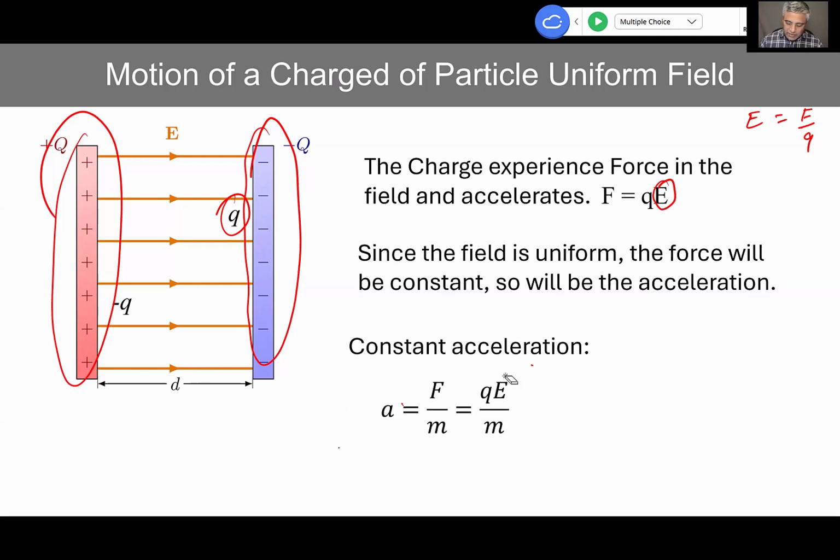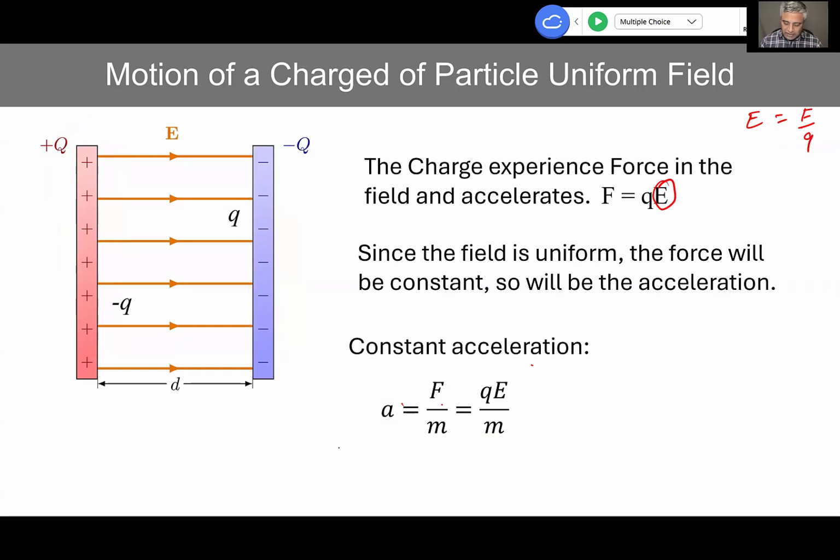And we can find the acceleration by using Newton's second law, assuming that there is just one force acting. So I'm not writing the sum of forces here because I'm saying that's my net force, and that is equal to QE for the charge. See how in physics 1 we had F equals ma?